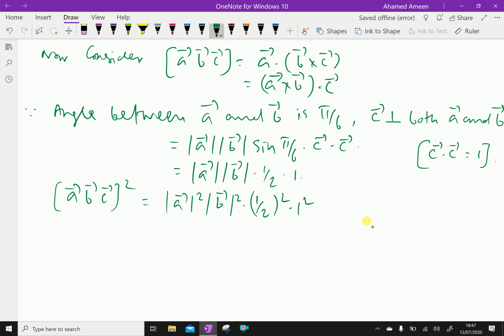We can write in order: 1 by 4 into vector a square into vector b square equals [a, b, c] square.